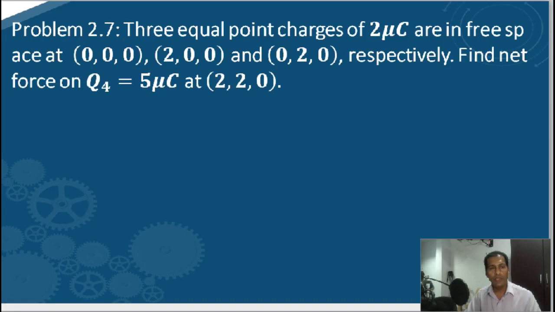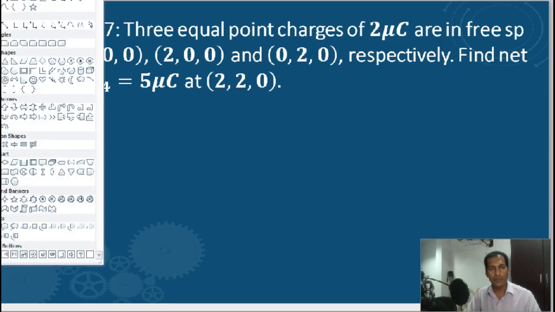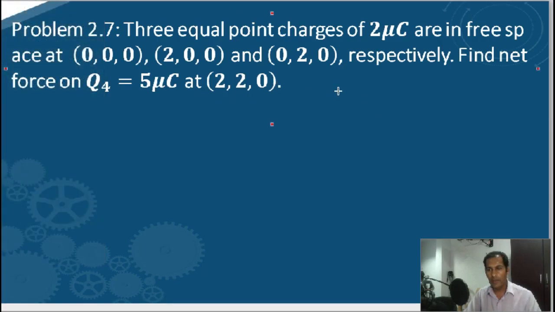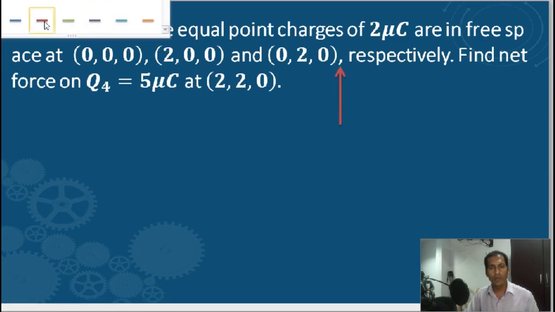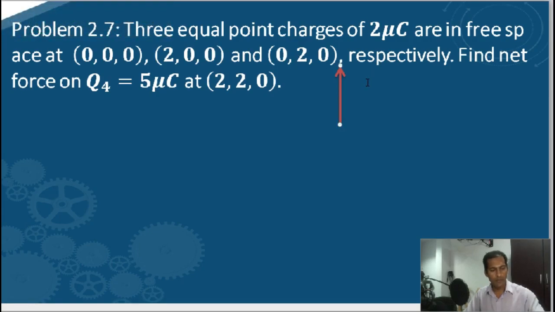So first of all we can try to imagine the setup of this diagram. So let us try to draw it. Say we will consider one z axis, but in this example z points are not given. Still for reference we will keep it. So this is our z axis. And we will extend say one y-axis like this.